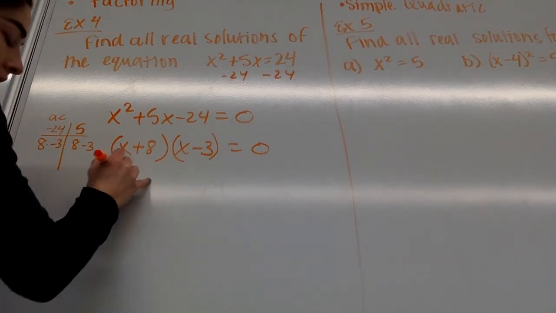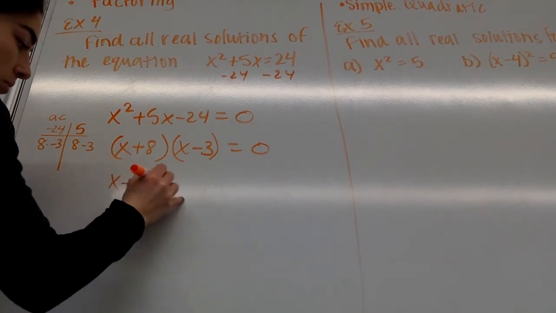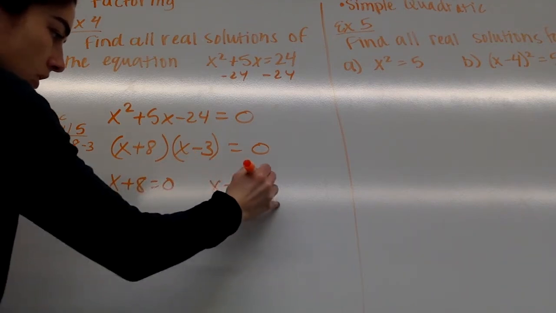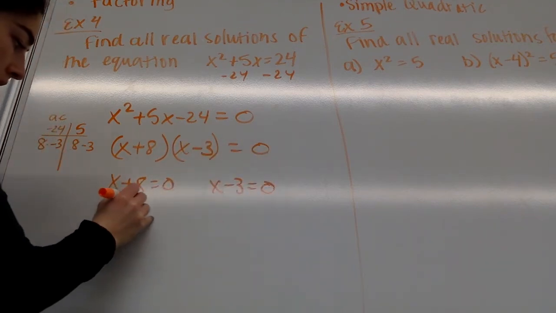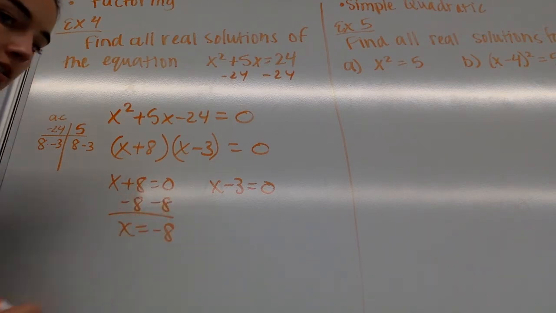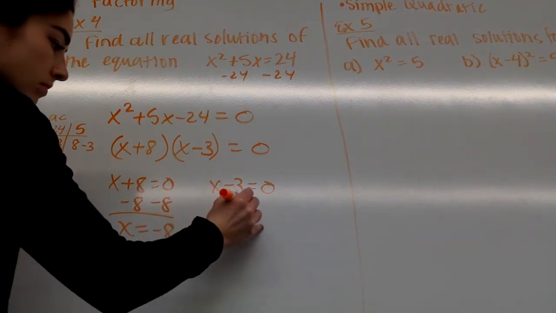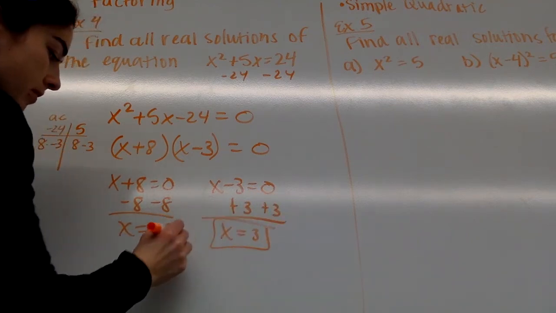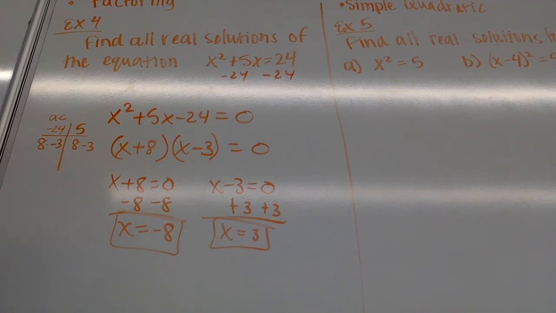Okay, so x plus 8 could be 0 to make this answer 0, or x minus 3 could be 0 to make the answer 0. So I'm going to get x equals negative 8, and x equals positive 3. And those are my two answers there.